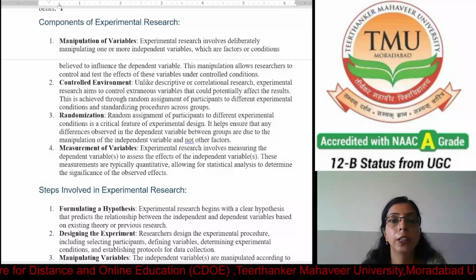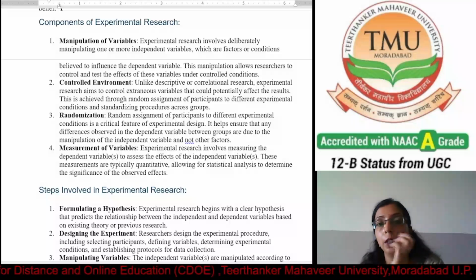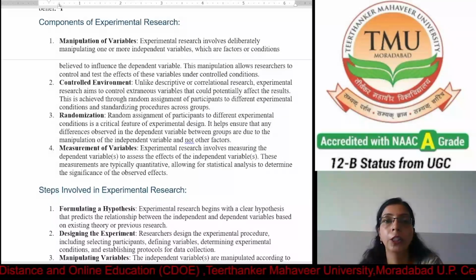Interaction of selection, maturation, and history.